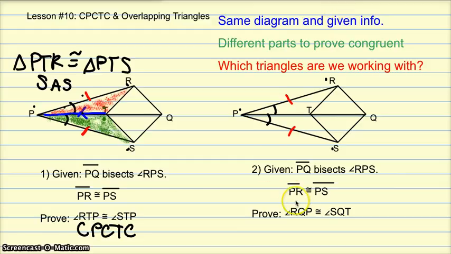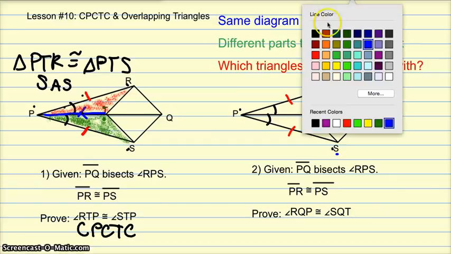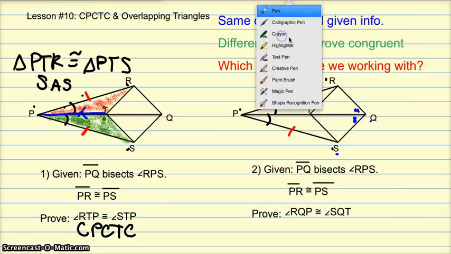It wants you to prove this time that RQP, so this angle, is congruent to SQT, so this angle here. So it now wants these angles to be proved congruent, so we need to use a different set of triangles.